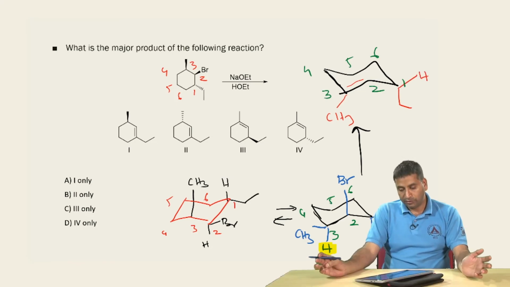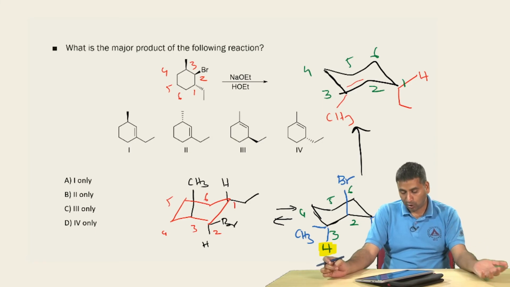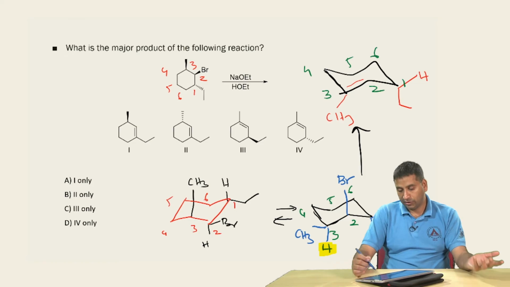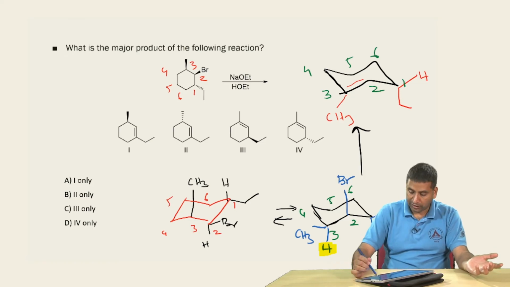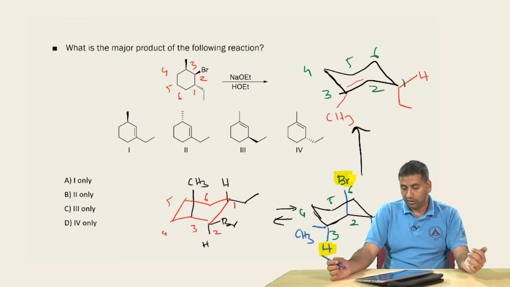Okay. So, this brings us to the situation where you have only one possible product, because this is the only product where you can have an anti-periplanar arrangement between Br and H. So, therefore, we would predict that this would be the product of the following reaction.